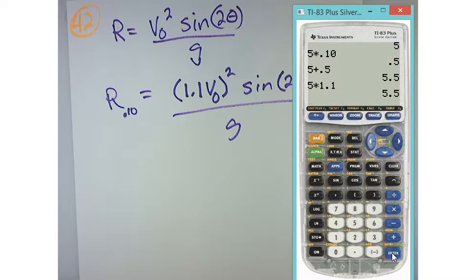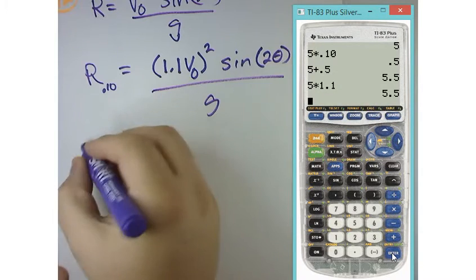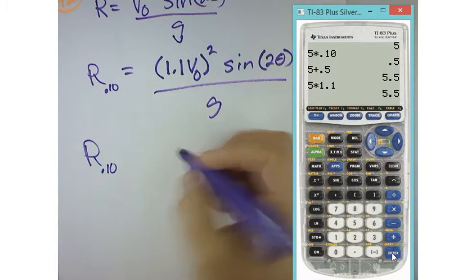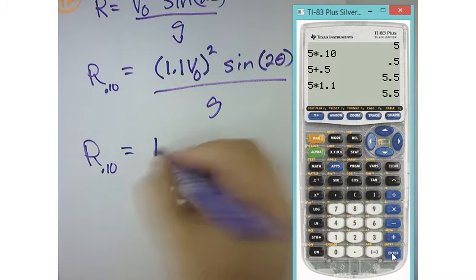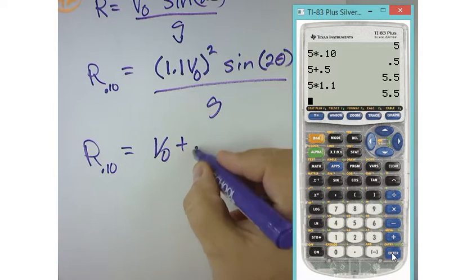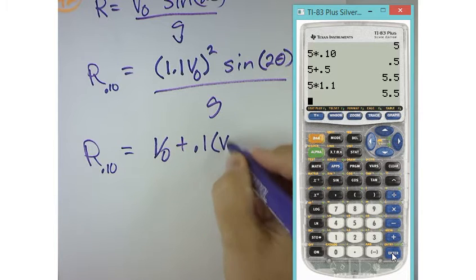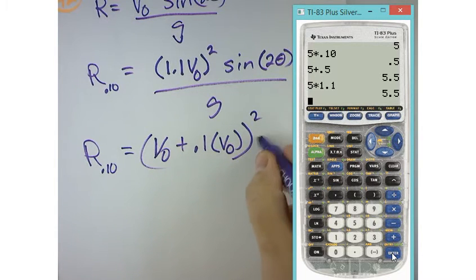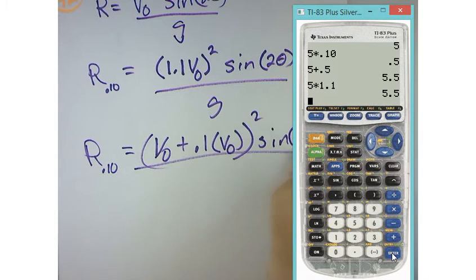Now my range with an increase of 10% is the original velocity plus 0.1 times the original velocity, all of that squared, sine of 2 theta all over g. Let me move my calculator out of the way.